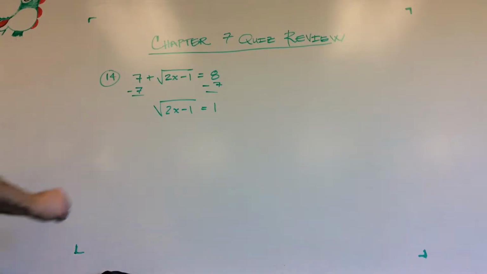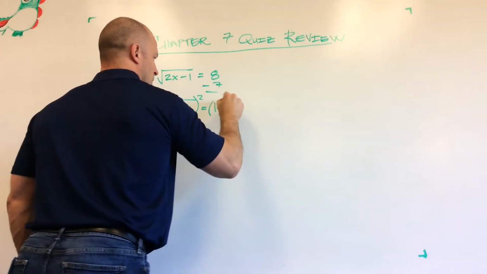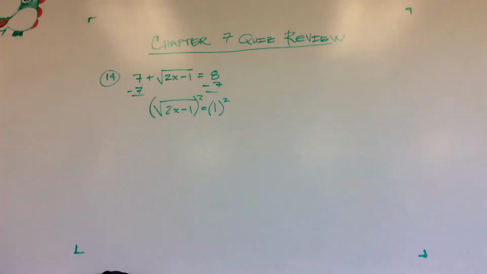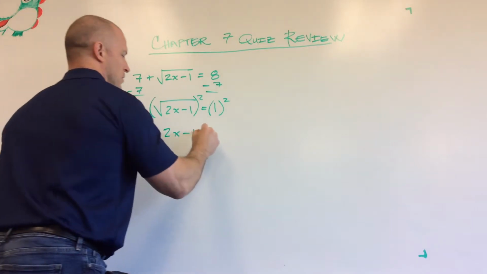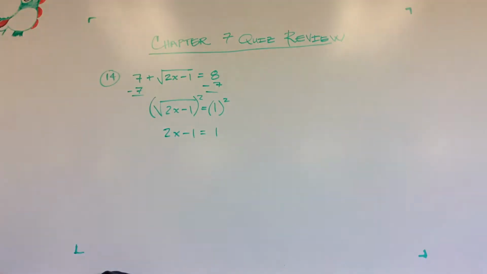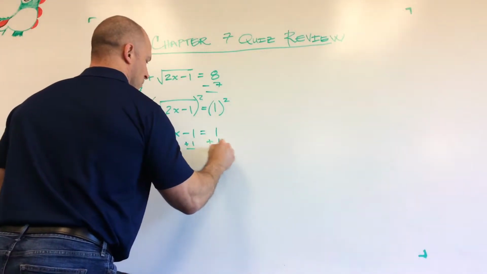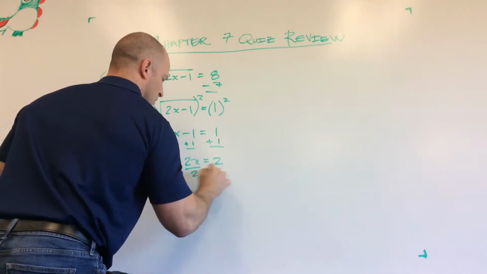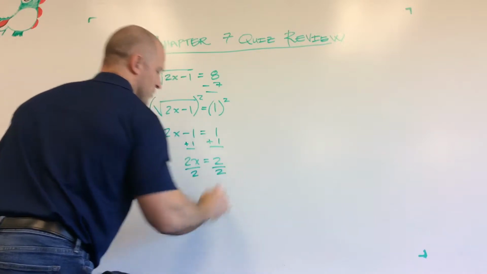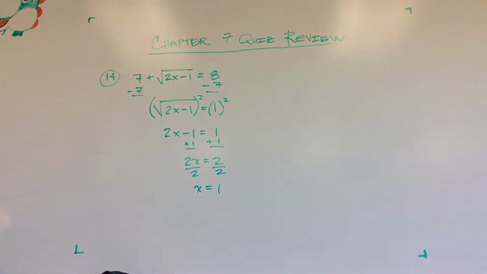We'll square both sides to get rid of the radical, leaving us with 2x minus 1 on the left, 1 on the right. Now we solve for x normally. Divide both sides by 2, we're going to get x equals 1.